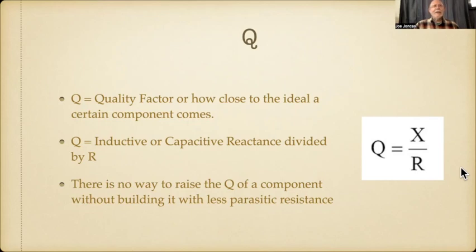If you're trying to run a lot of power through a little tiny wire, it's going to have a really, really low Q. We will get into the details of this as we go on.